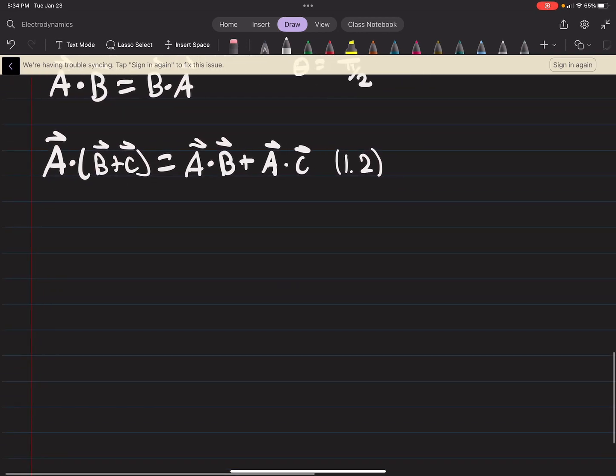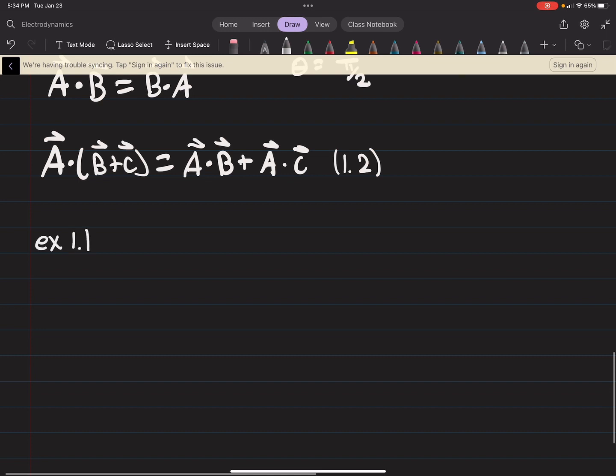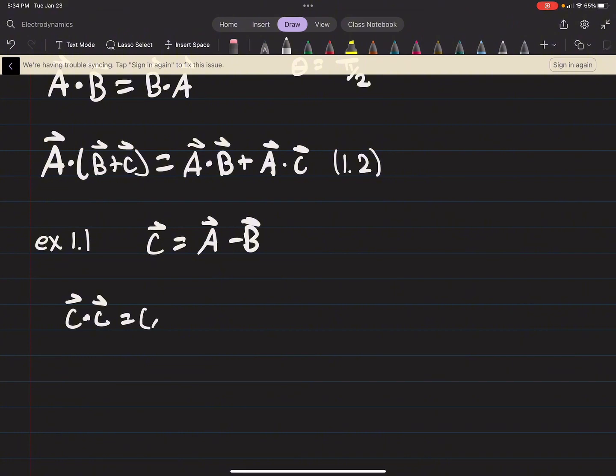So let's do example 1.1, where we define this vector C as vector A minus vector B. Now, we want to calculate the dot product of C dot C. Well, C is A minus B, and we're dotting that with A minus B. With what we know about dot products and our algebraic rules, we can distribute kind of like how you would expect.